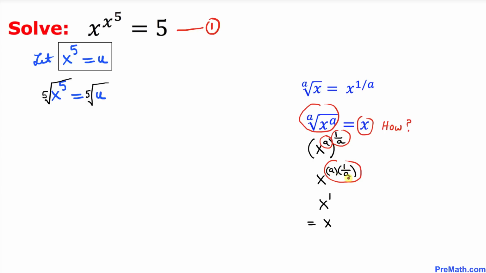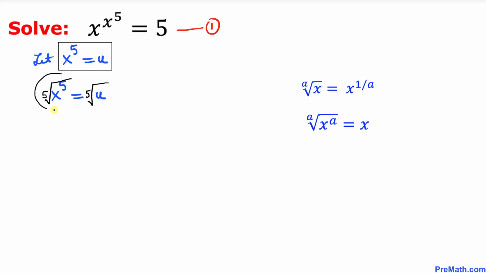So a times 1 over a is going to give us 1. So we got x power 1, which is the same as x, and which is what we got on the right hand side. So let's focus back on this equation. The left hand side could simply be written as x equal to the fifth root of u.